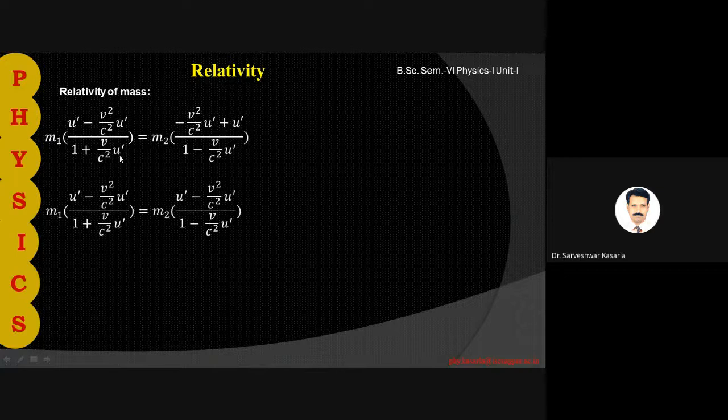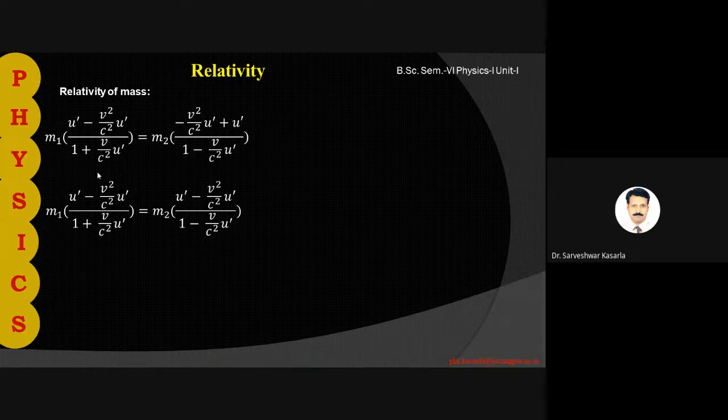Now if you again solve this, you will get m1 into u dash minus v square upon c square u dash upon this. The same expression we have.